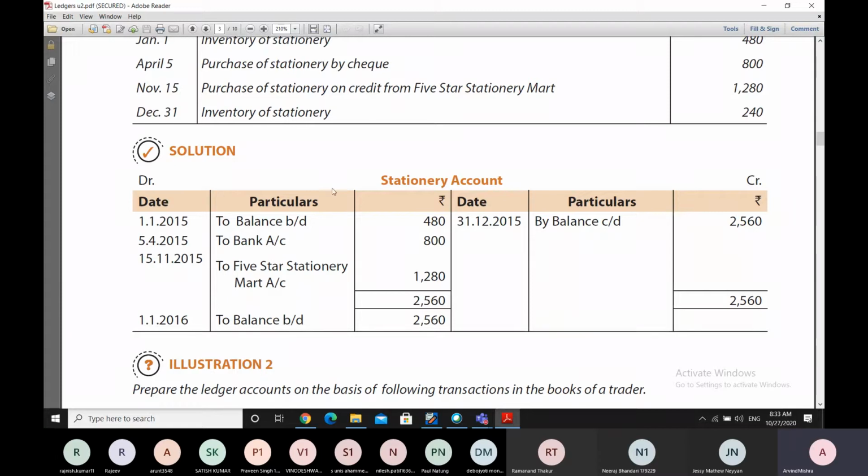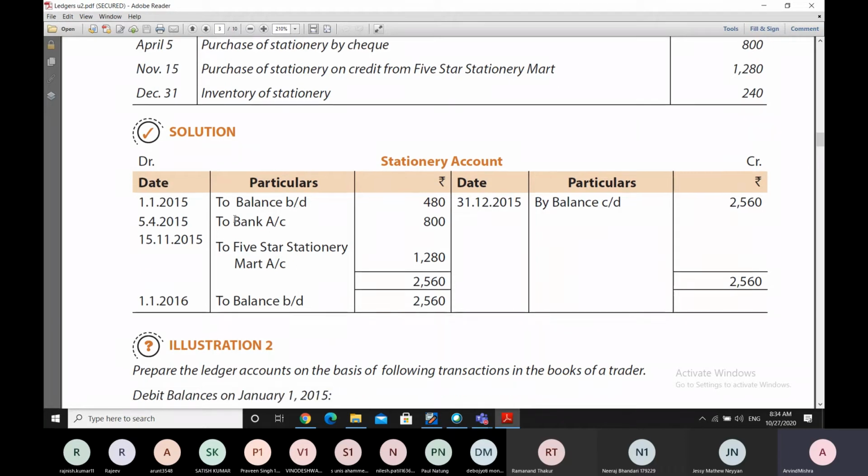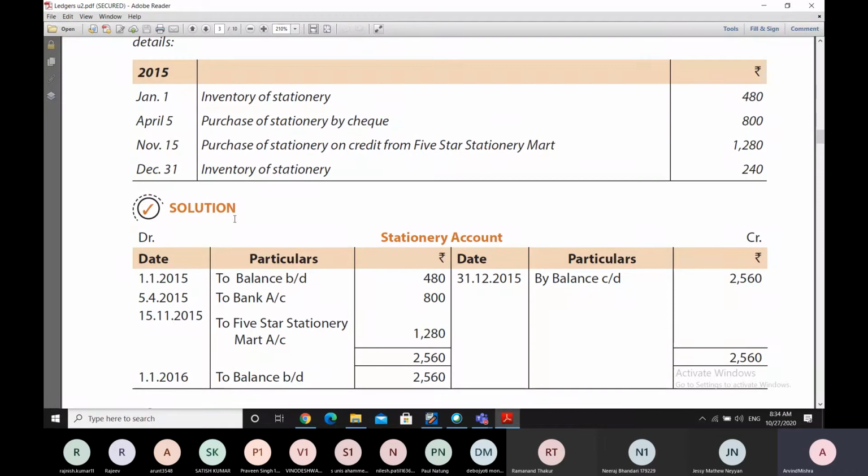And from 'by balance carried down', the debit balance is being brought here as the opening balance of this year, and therefore the debit balance is being entered on the debit side as the opening balance, and since it is entered on the debit side, the starting word is 'to', and then the words 'balance brought down' for the opening balance. So balance brought down is 480 rupees.